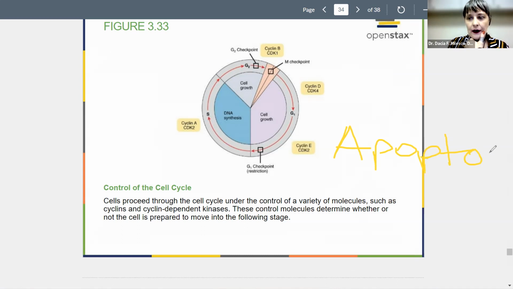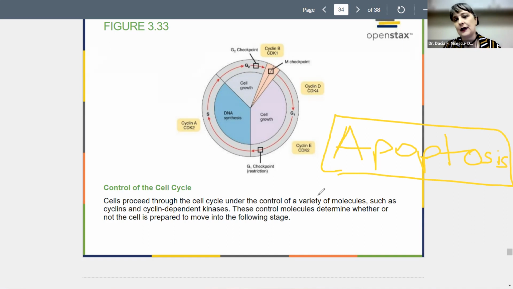So if there is unregulated and continuous cell cycle forever, the cell begins to think it's immortal. That's what cancer is. Cells gone wild is cancer, and it is cell cycle continuously going, and there's no cell suicide. Okay, so know that term, cell suicide, apoptosis.